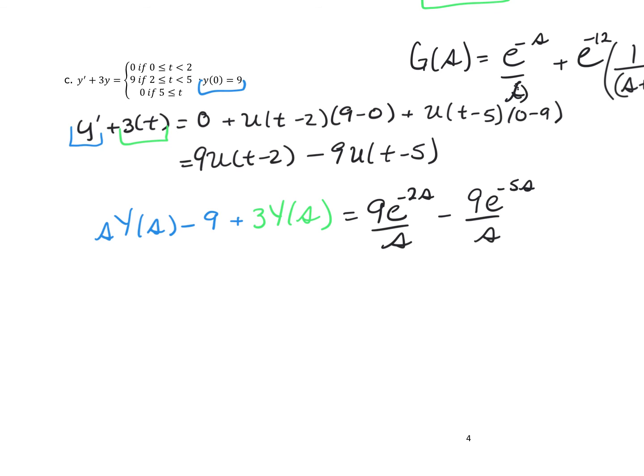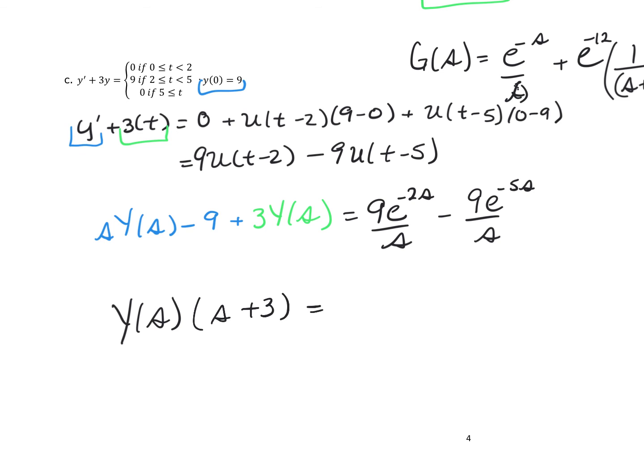So solving for cap Y of s, I would move this 9 to the other side, and then I would factor out of the cap Y of s, s plus 3.